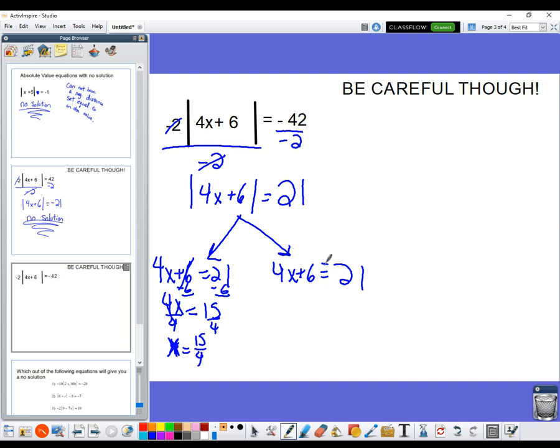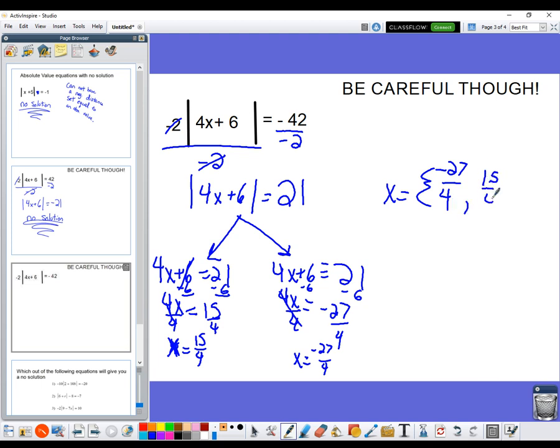Okay, we go to the other side, which this is a negative now. I have 4x. When I subtract 6 on both sides, this time I'm going to get a -27. Divide by 4. x is going to equal -27 over 4. So my solution is -27 over 4 and 15 over 4.